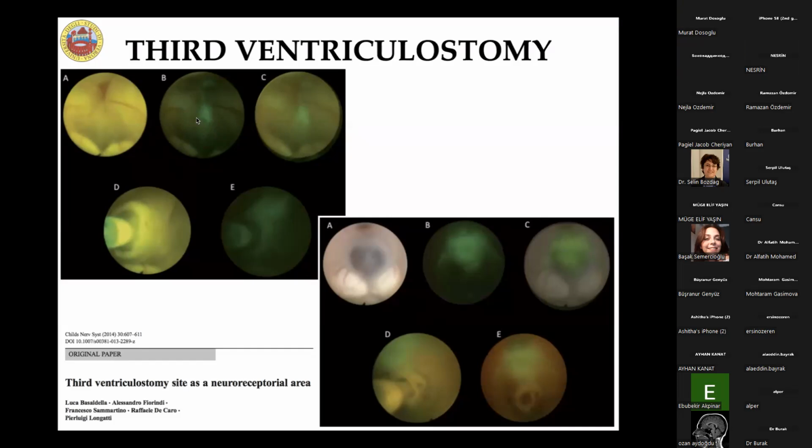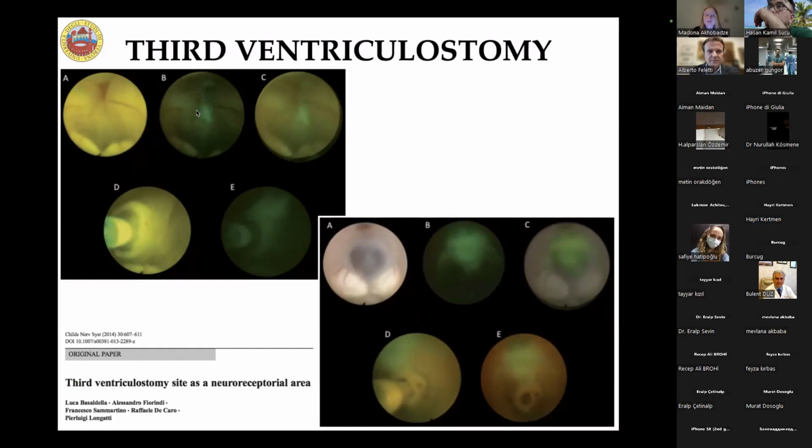In this area, in the tuber cinereum, there is a circumventricular organ called the median eminence, which is an area with some functions. It's important for the balance of electrolytes and the homeostasis of many ions in the blood.